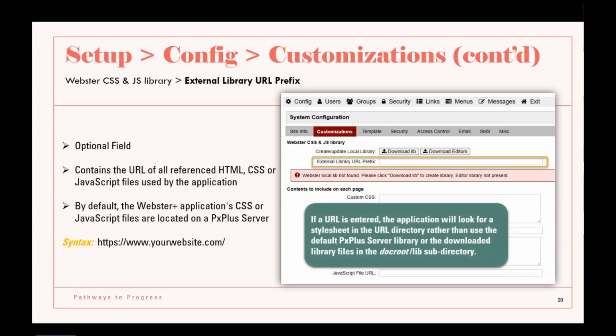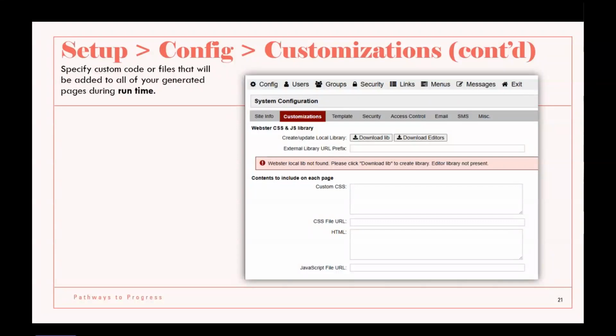Very important note here, gang, is that this will affect your entire environment and your website. The application first looks for a style sheet in the URL that you've provided rather than using the default PX Plus server library or the downloaded library files in the doc.root lib subdirectory that I'm going to download shortly and show you.